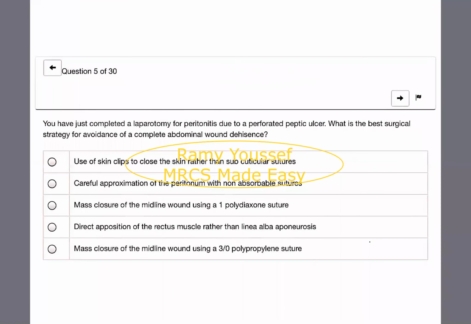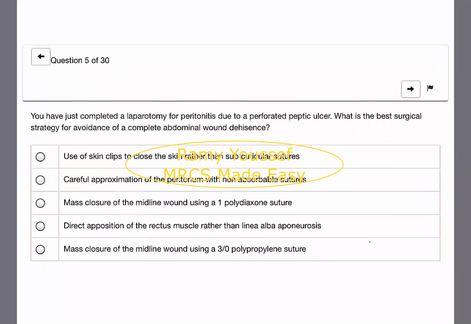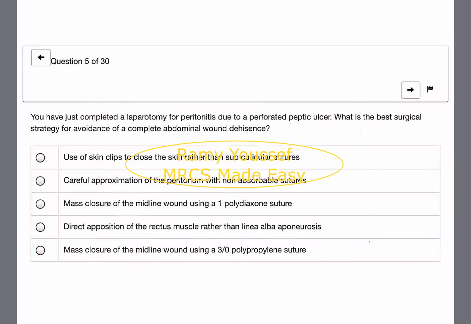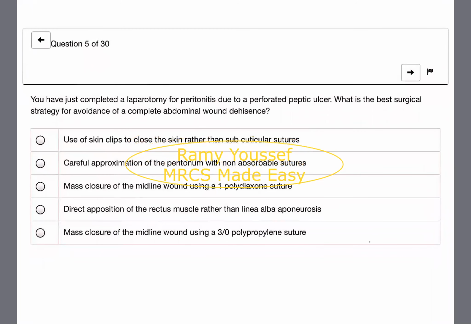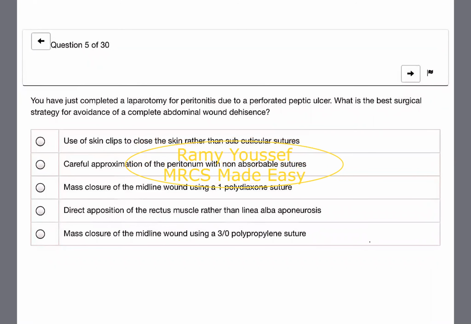Okay, next question. Dr. Ghada. You have just completed a laparotomy for peritonitis due to perforated peptic ulcer. What's the best surgical strategy for avoidance of complete abdominal wound dehiscence? Use of skin clips to close the skin more than subcuticular sutures.